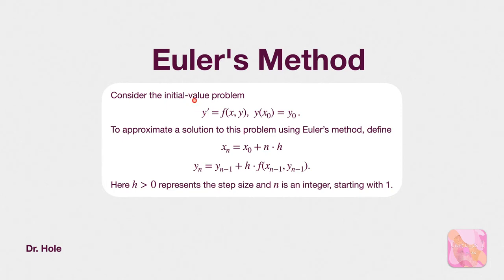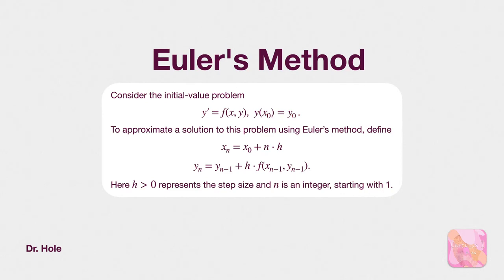To be an initial value problem, you need a differential equation coupled with an initial condition. Now, the initial condition is providing you with an initial x-coordinate and an initial y-coordinate. So this is the black dot in the picture that we were looking at previously.